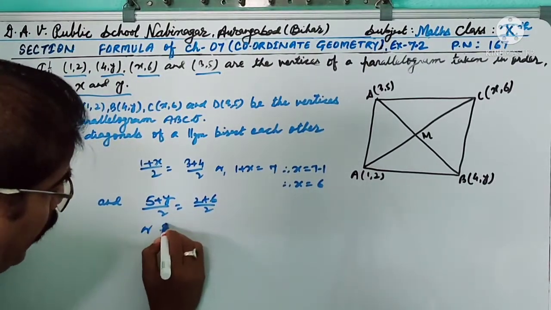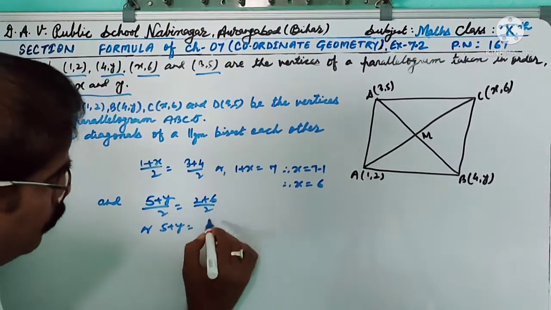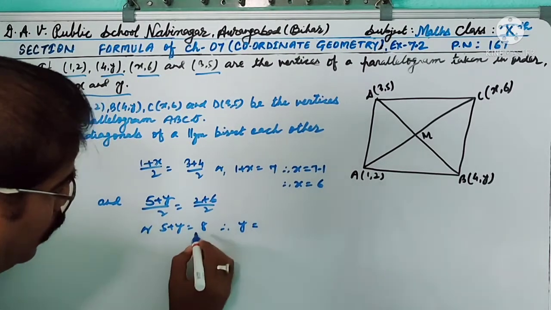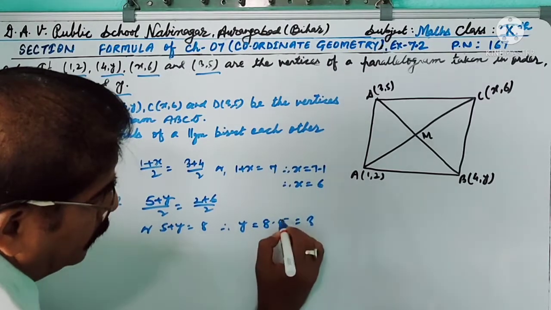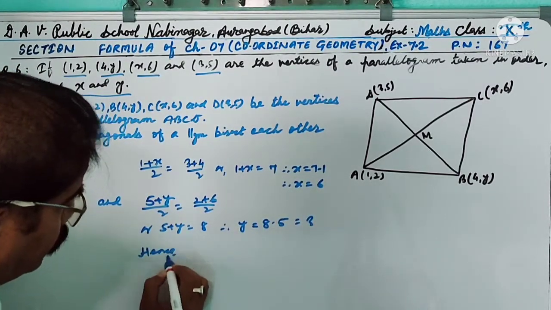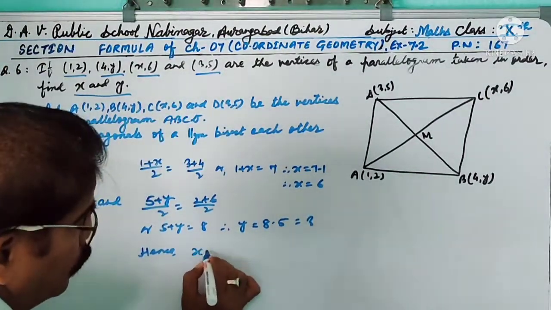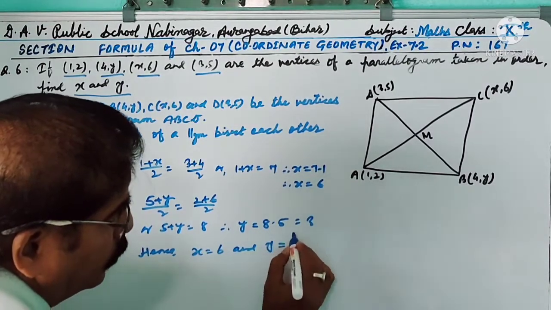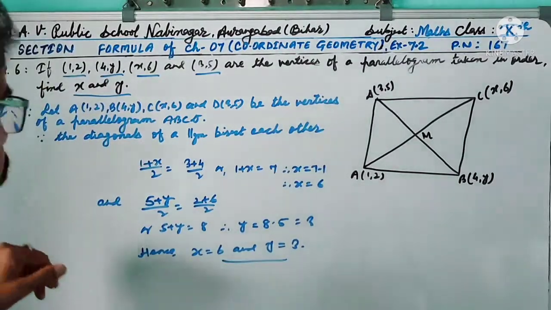The 2 cancels, so 5 + y equals 8. Therefore y equals 8 minus 5, that is 3. Hence we have found x and y: x equals 6 and y equals 3. This is the required answer.